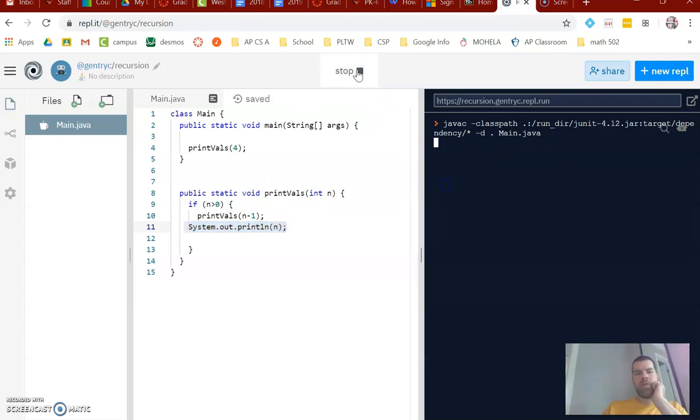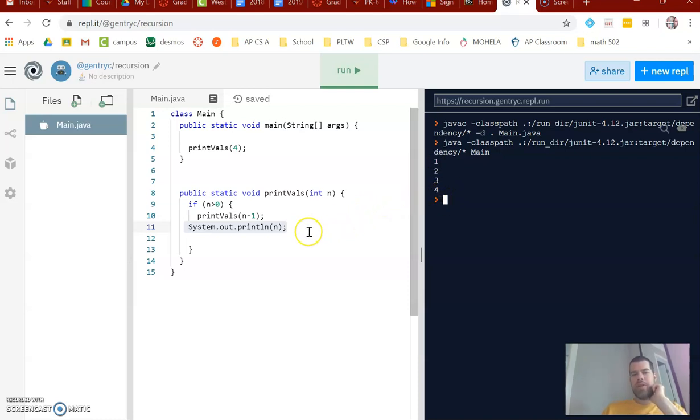Watch what happens when I switch the order. We get 1, 2, 3, 4. The order of the numbers switches because print vals 4 calls print vals 3, which calls print vals 2, which calls print vals 1. Print vals 1 calls print vals 0. 0 doesn't do anything.